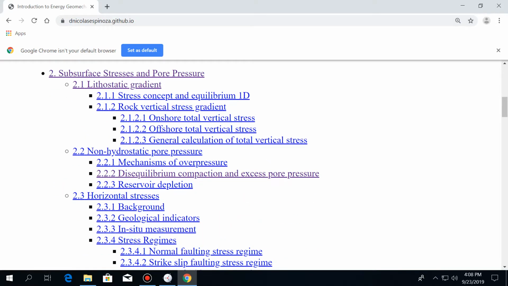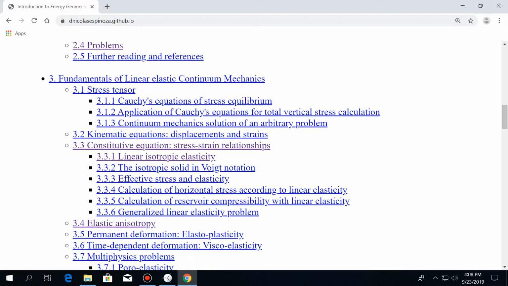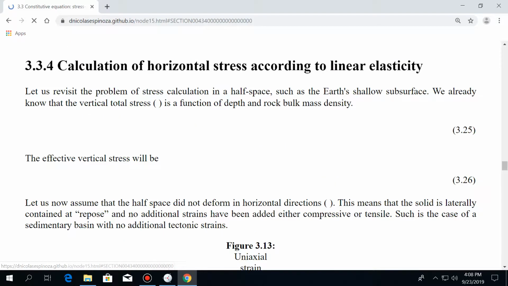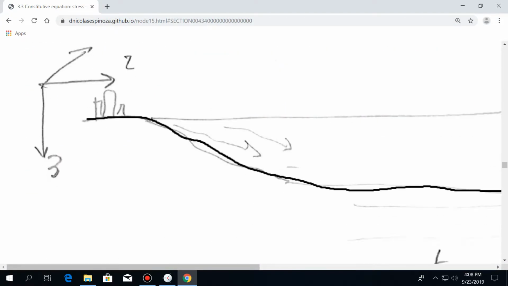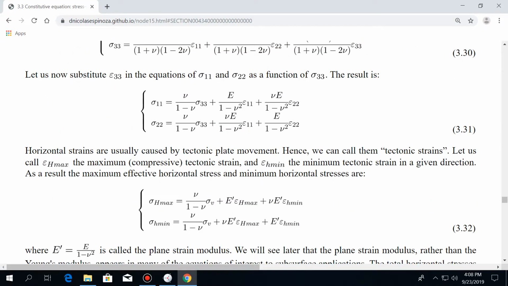All right, so if you go to my undergrad notes, and let's see where that is. Calculation of horizontal stress according to linear elasticity. This is the point, and here you will see a step-by-step derivation of the equations.